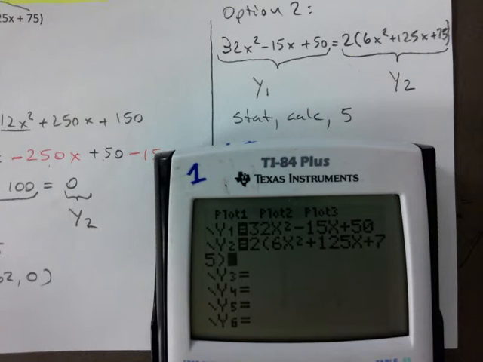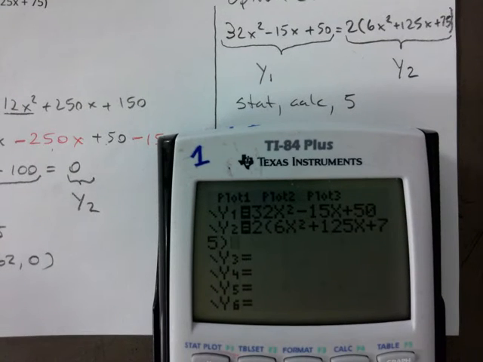Make sure the brackets are there, okay? So this is what you should have right there. You got it? Let's hit graph now.